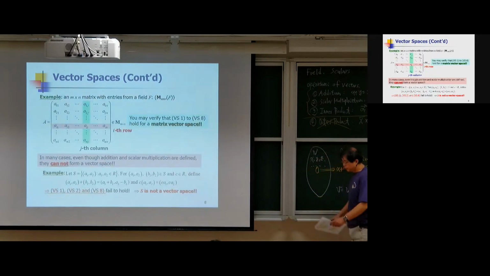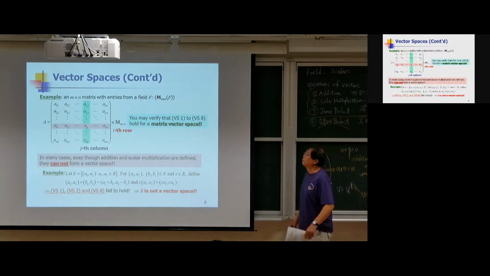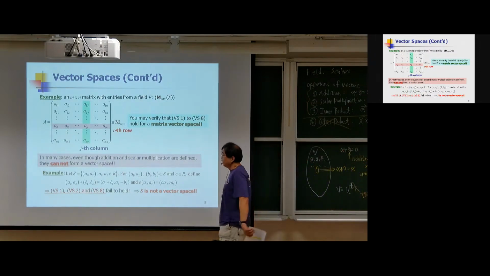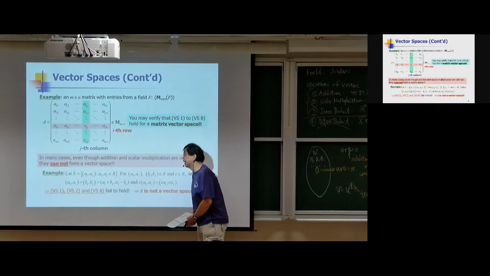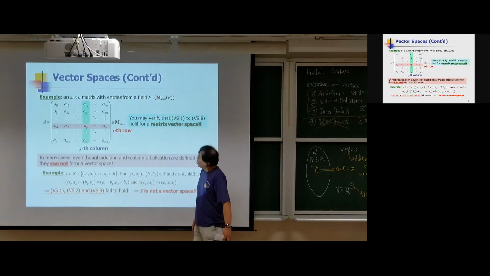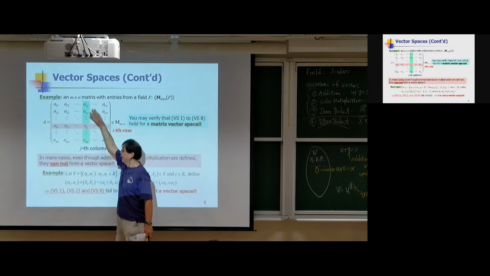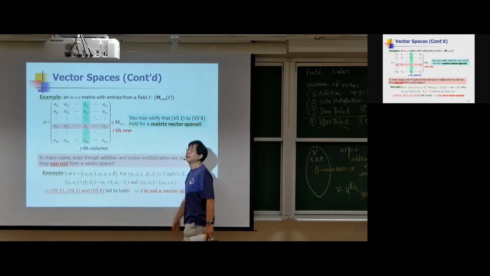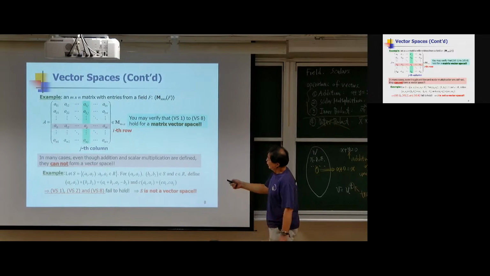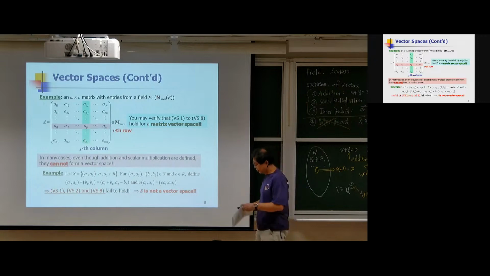And then here for a matrix. Okay, if I have an m by n matrix, which means that I have m rows and n columns. So matrix m by n, we will have m rows and n columns.